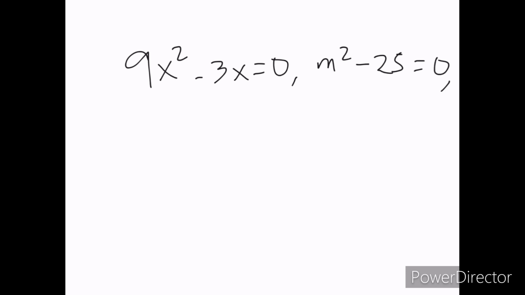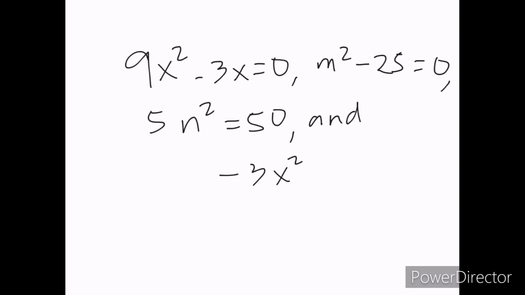Quadratic equations like 9x squared minus 3x is equal to 0, m squared minus 25 is equal to 0, 5n squared is equal to 50, and negative 3x squared is equal to 6x.